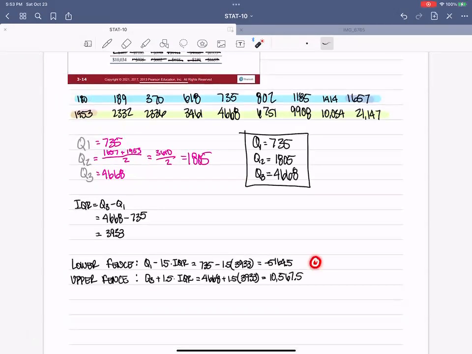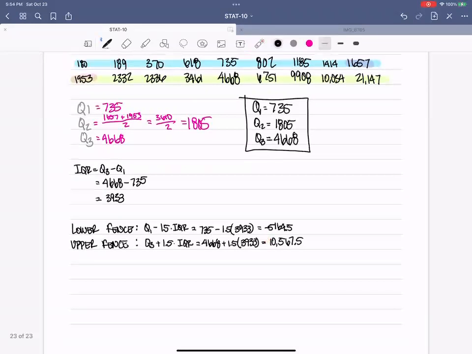So here we would have no outliers based on our lower fence. Now our upper fence cuts off at 10,567. Looking at these values, this one's not going to be part of our data set. This one barely makes it into our data set because it's pretty large, but it's still smaller than this number. So the only outlier we have is at 21,000.